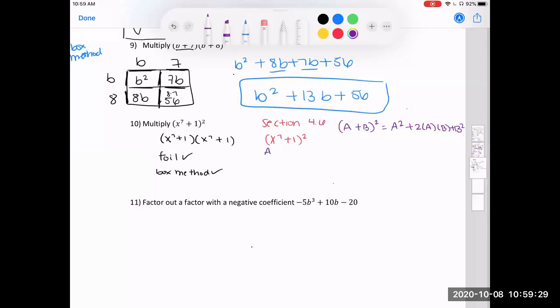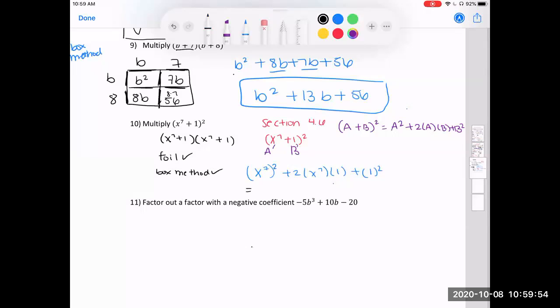We can let A be x to the 7th and we can let B be 1. So if we do that, we get x to the 7th power squared, plus 2 times x to the 7th power times 1 plus 1 squared. And that saves the trouble of FOILing.